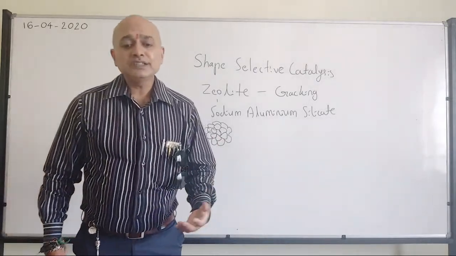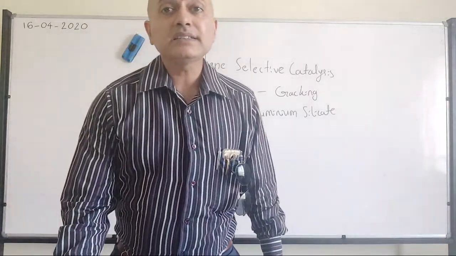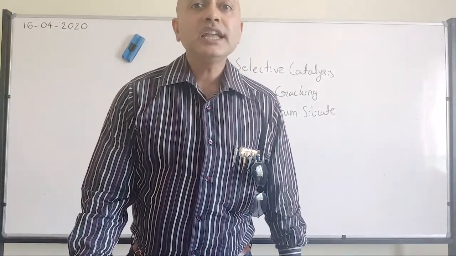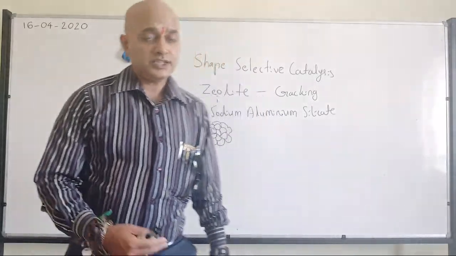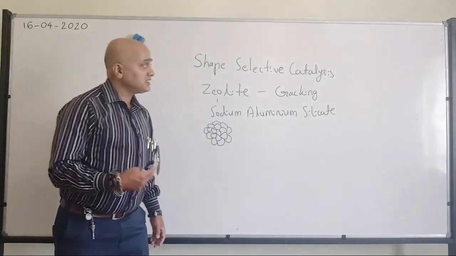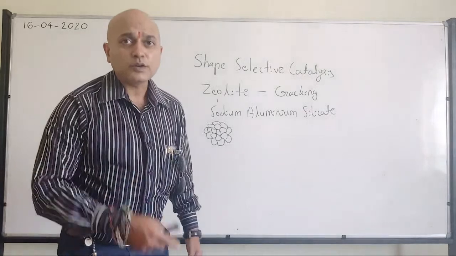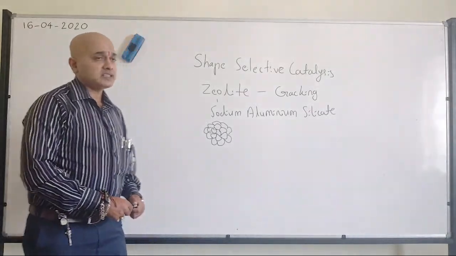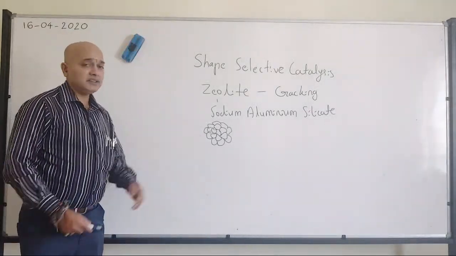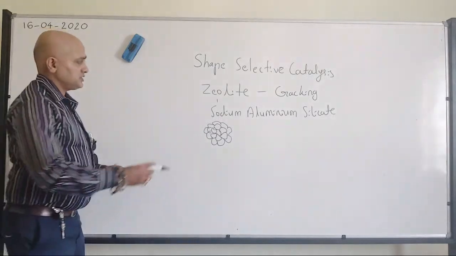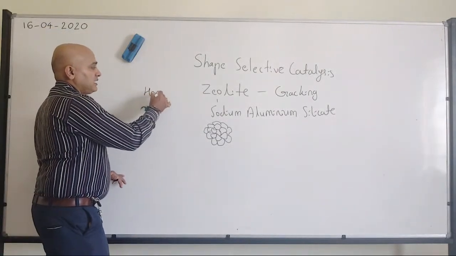So zeolite is one of the best examples of shape selective catalysis. Someone had written comb-like, honeycomb-like structure. Yes, it will have a honeycomb-like structure. So what is that honeycomb?